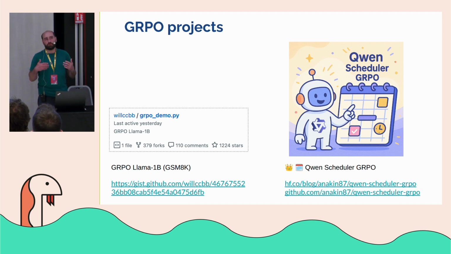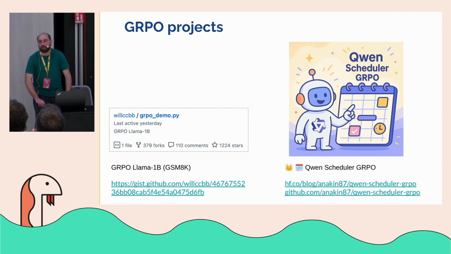This is a specific problem in which I pass to the model a list of events with start times and end times, and a list of priorities. And I want the model to provide me with a schedule optimizing the time spent.